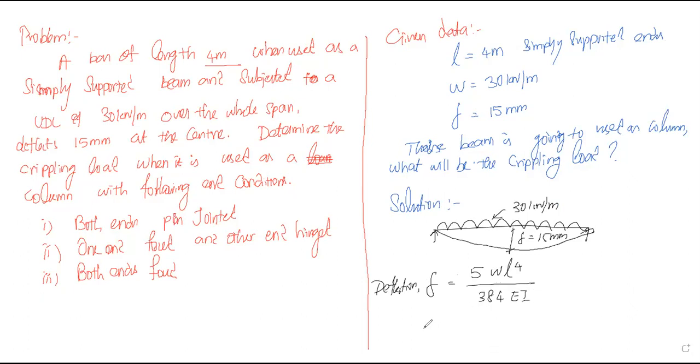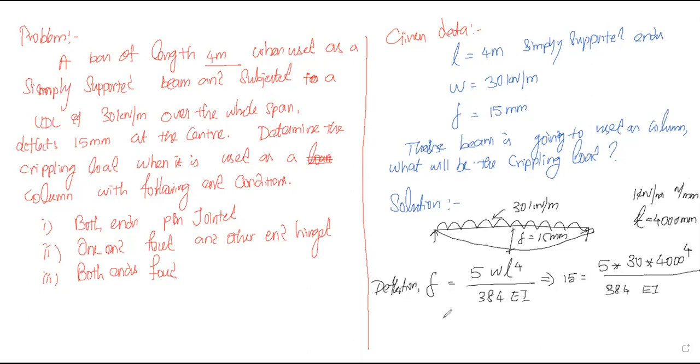We have to maintain unit similarity. So delta is 15 mm, 5 into W, and W is in kilonewton per meter, which is nothing but Newton per mm, so 30, into L power 4. L is given as 4 meters, which is nothing but 4000 mm, divided by 384 EI.